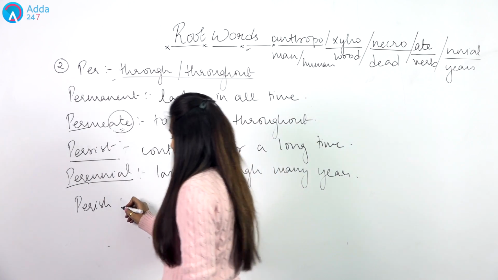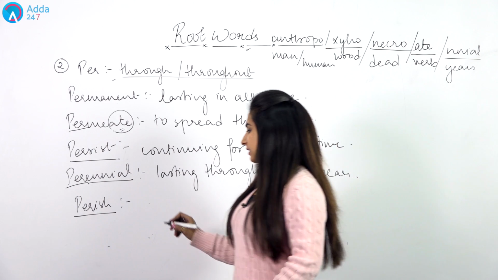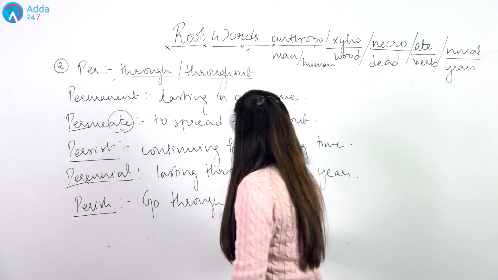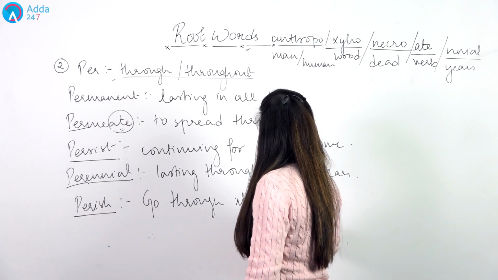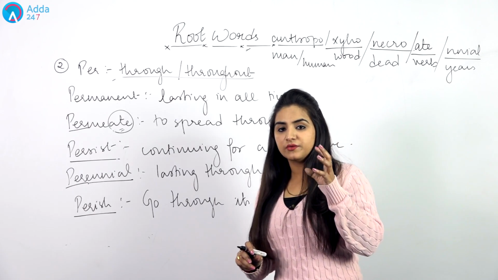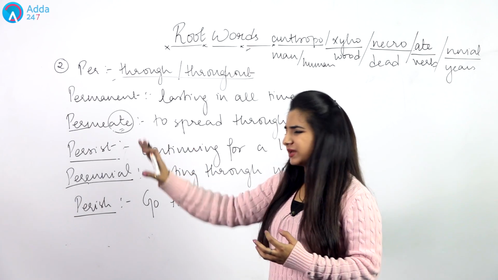Next is perish. Perish means to deteriorate. That means something is going through its life. What does this mean? For example, you bought a ripe mango and then you kept it somewhere in the house.